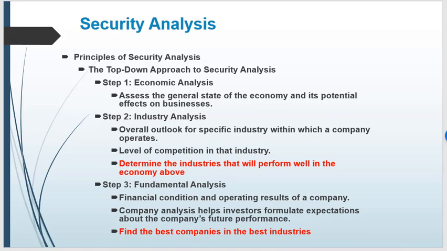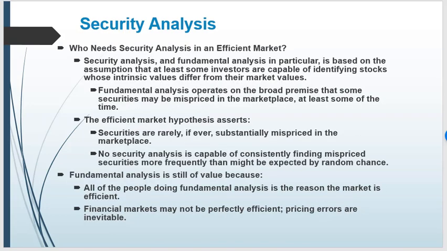Within those 10 industries, we need to identify which companies will be best. So instead of looking at thousands and thousands of companies, we may have been able to eliminate and get down to a very basic, maybe 30, 40 companies that we might be interested in investing some of our money in.